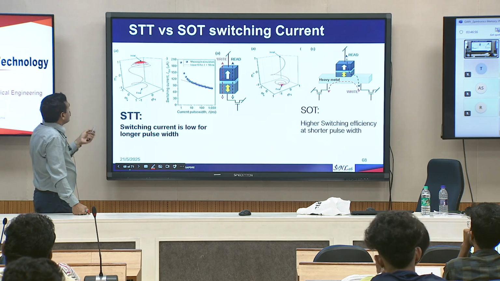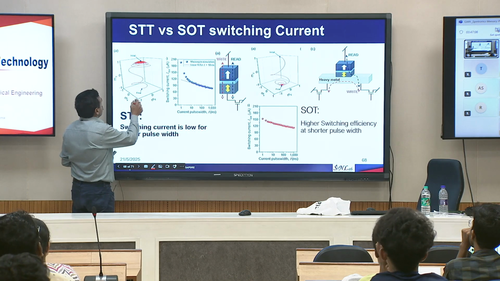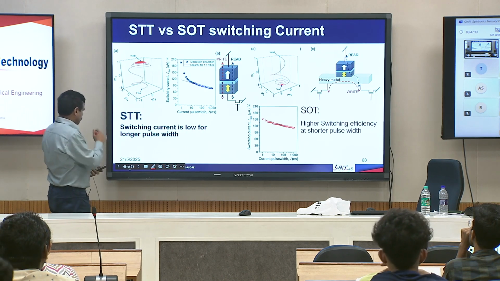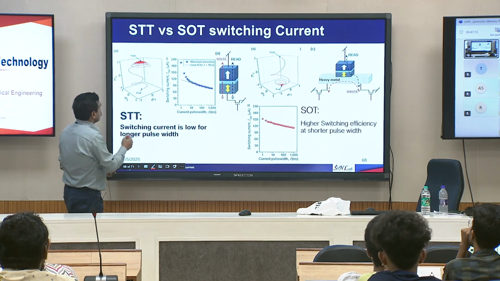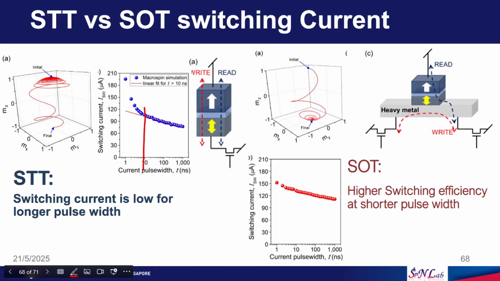Okay, so this slide summarizes everything about STT MRAM and SOT MRAM. In the case of STT MRAM, usually the switching speed is around 10 nanosecond. If you go lower than 10 nanosecond, you need more and more current.